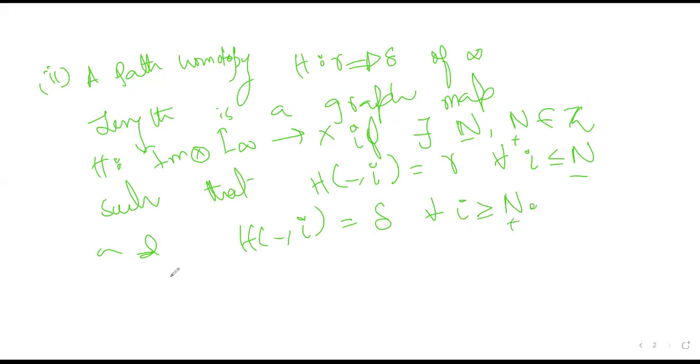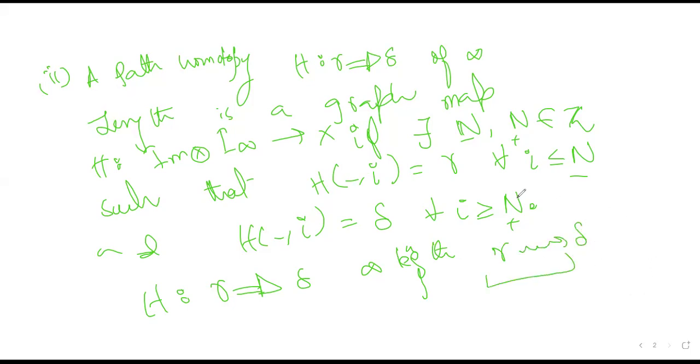So we can say H is a path homotopy from gamma to sigma of infinite length. Okay, this is the infinite length path from gamma to sigma. So this is the definition of path homotopy of infinite length and finite length.